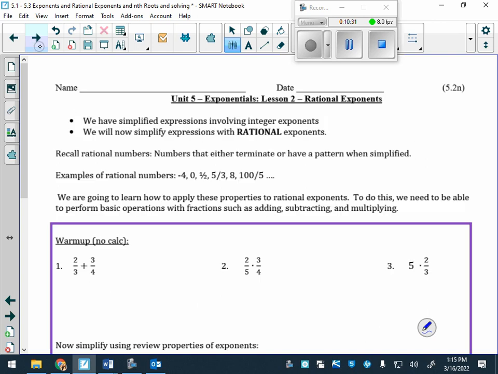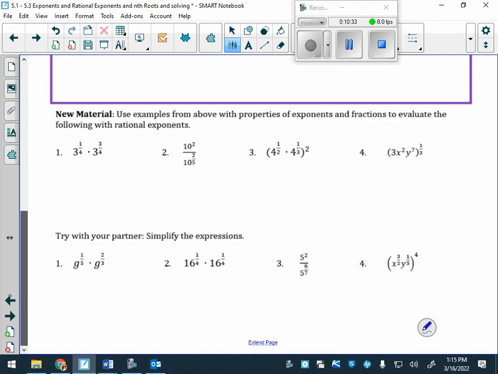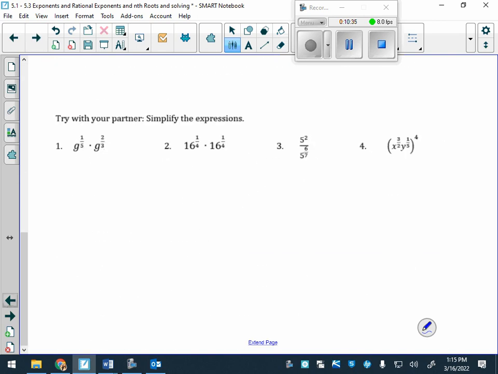So on page 3, number 3 at the bottom, okay, you have the same base, which is 5. So we have 5 squared, and then 5 to the 6/7. Well, when I have the same base and I'm dividing, what do I have to do with my exponents? Louise? Because what do you need to do? To subtract. So in order to subtract, we need the same denominator, which would be what?